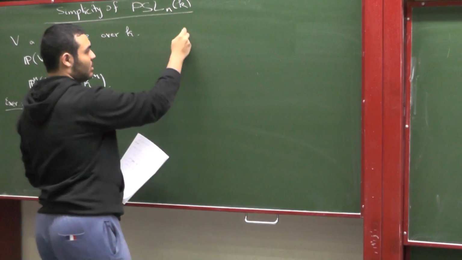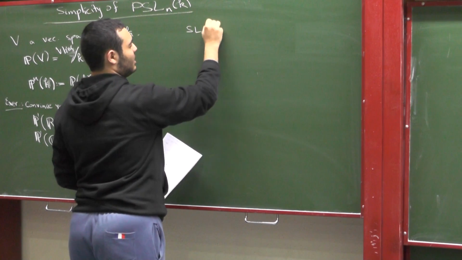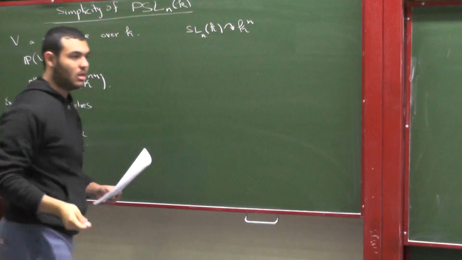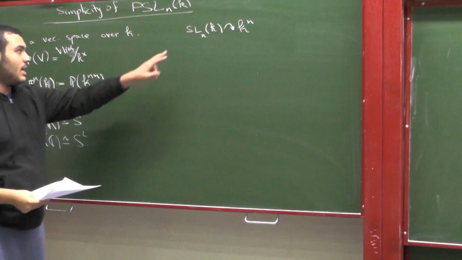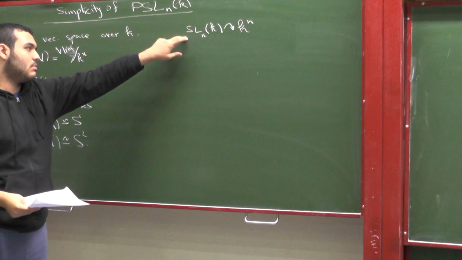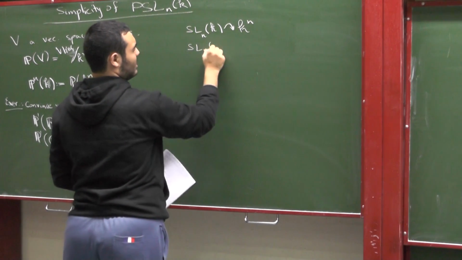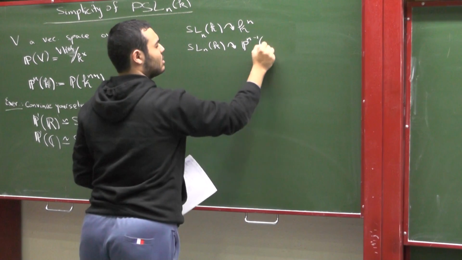So consider the action of, say, SL_n(K), just by multiplying a matrix by a vector. This action preserves the lines linearly, so we get an action of SL_n(K) on the suitable projective space.